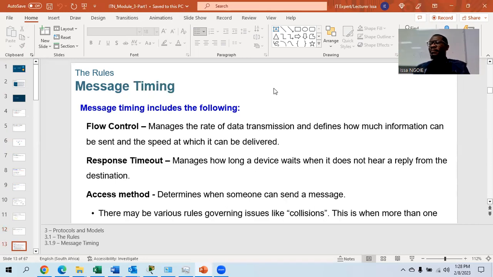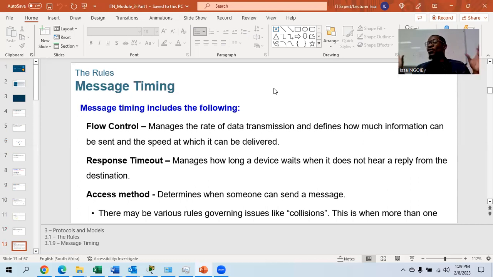Now, there's what we call message timing. Your protocol, we spoke about size of the message, we spoke about the formatting and so on. Now we're going to talk about message timing. Your protocol will control the timing between devices, right?